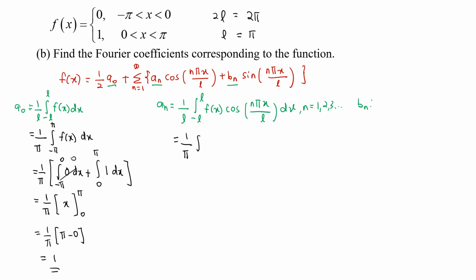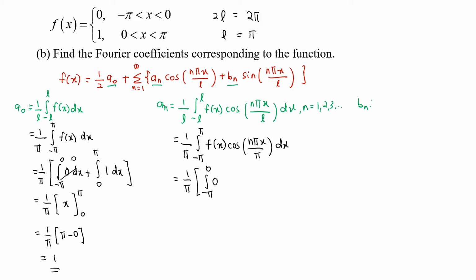So the integration is from negative pi to pi of f(x) cos(n pi x over pi) dx. Now we know that the f(x) value is different for different intervals. So we start our integration from negative pi to 0, because it is from negative pi to 0.